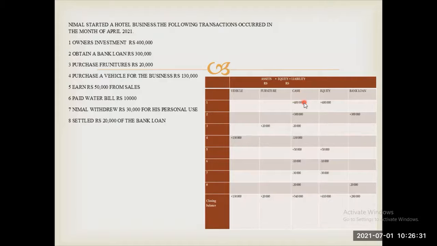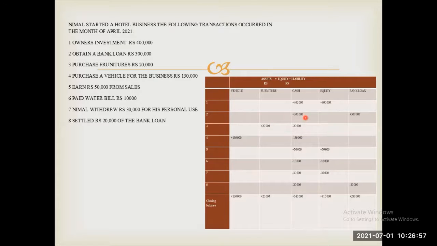So we are going to record that in the cash amount, and in the meanwhile, the equity also will increase by plus 400,000. Then the second transaction, he obtains a bank loan for 300,000. That means it is a liability and the bank loan increased by plus 300,000, but the cash flows into the business, that is plus 300,000.